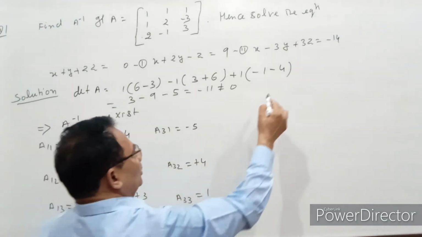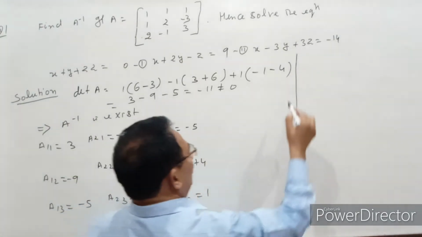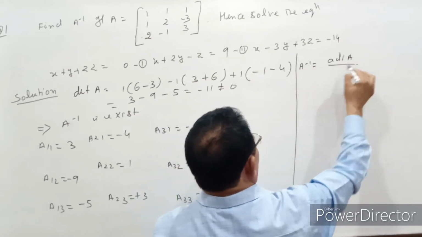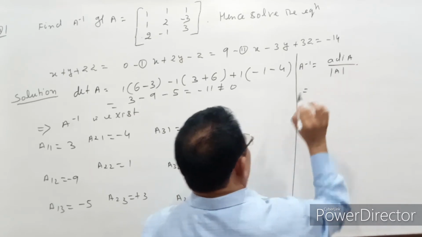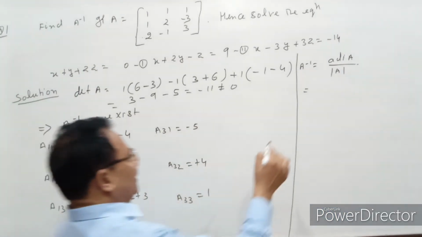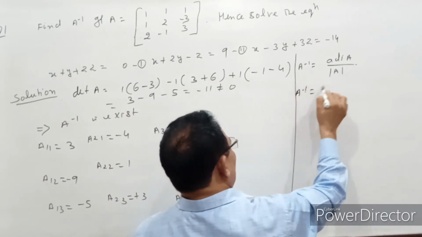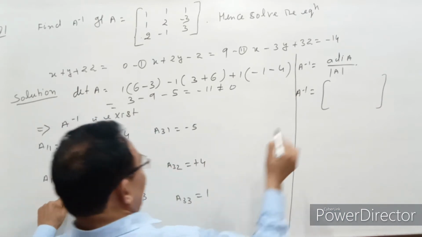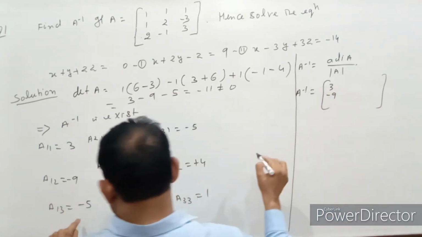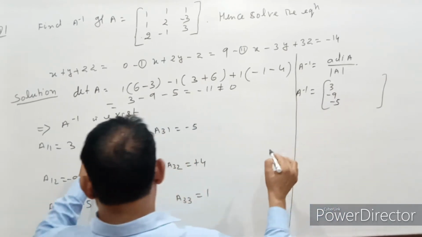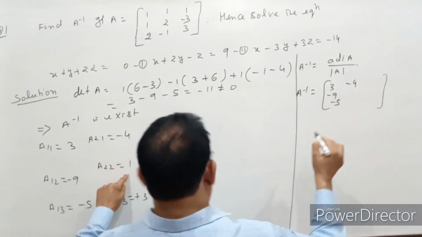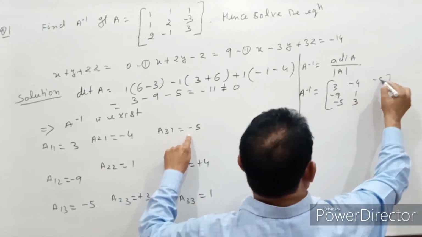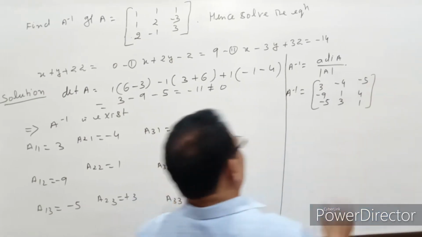So therefore we know that the value of A inverse is equal to adjoint of A divided by determinant A. Now, the inverse matrix A inverse should be equal to, that is 3 minus 9, minus 5, minus 4, that is 1, that is 3, minus 5, 4, and that is 1.